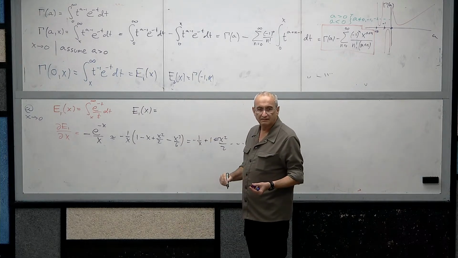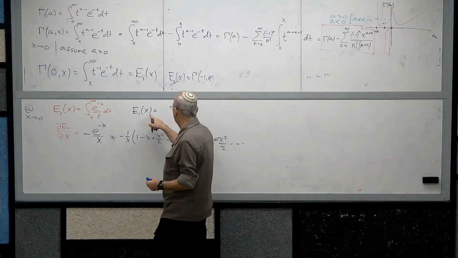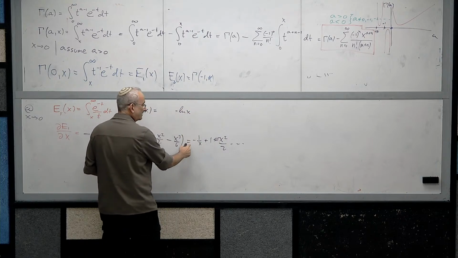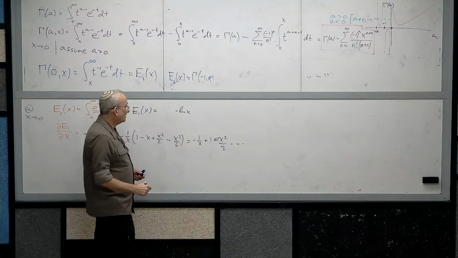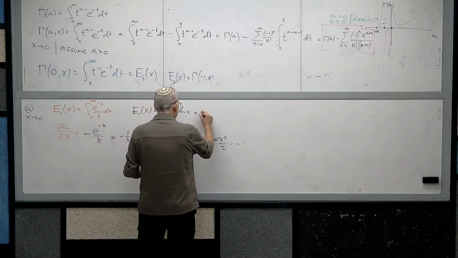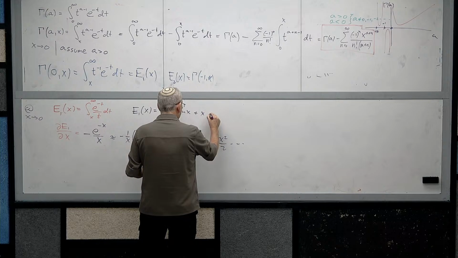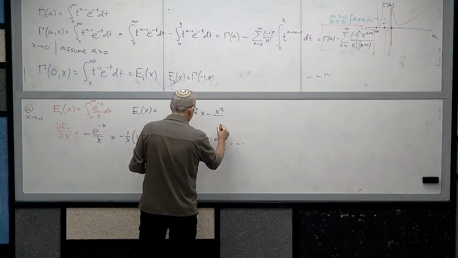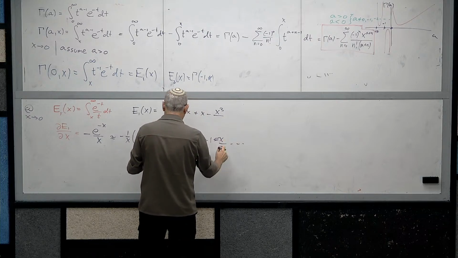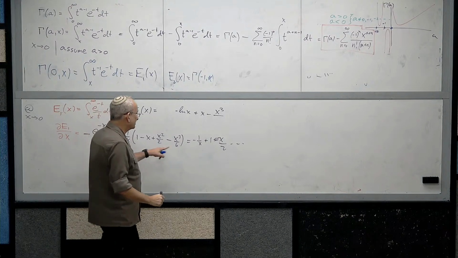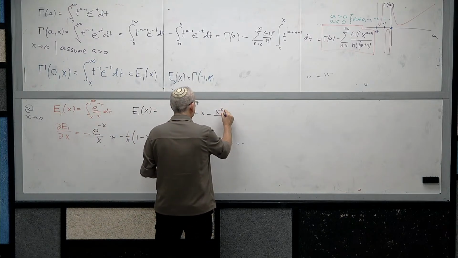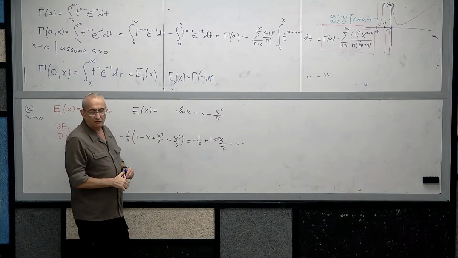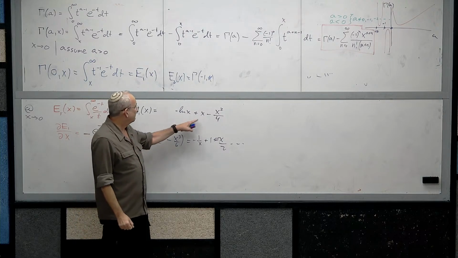And now we can integrate term by term to find that E1 of x is minus ln x plus x, minus, no, I made a mistake. This is x over 2, so this is x squared over 4, and so on. Okay. So if x is small, I have this expansion.